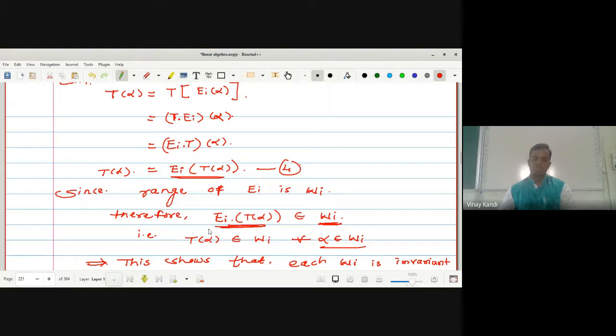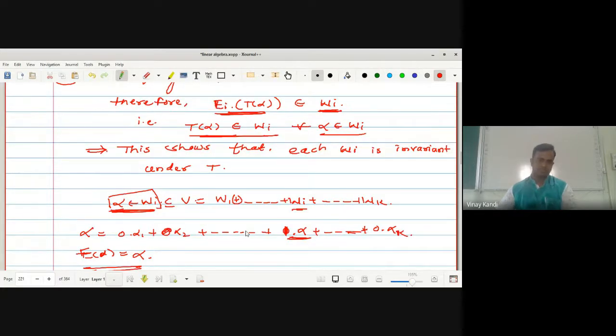But Ei of T of alpha, this Ei acts as an identity operator. This Ei of T of alpha is equal to T of alpha, which belongs to Wi. Any doubt up to here? No, sir.